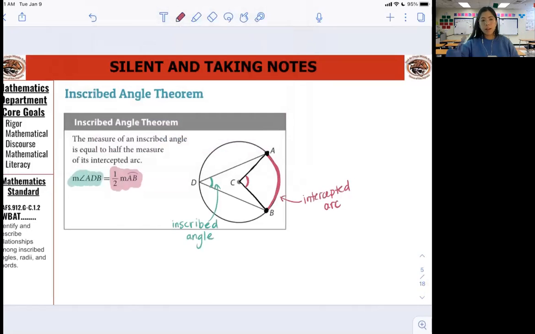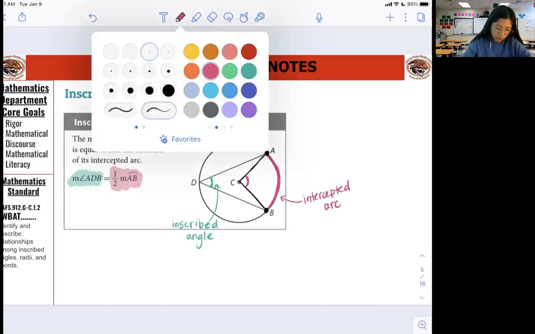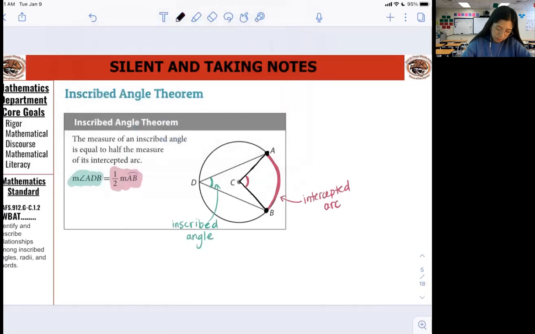So I'm going to write a couple of statements and they're all going to come back to the original definition of this theorem. From our activity before, we know that angle ADB is half of angle ACB.